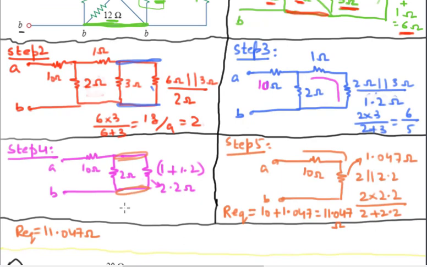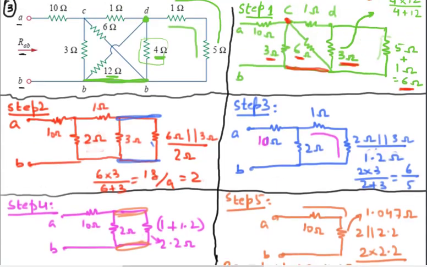I can write the whole expression of R equivalent over here. Let me use some other color. So R equivalent is equal to, let me show you the initial circuit, and that circuit is this.